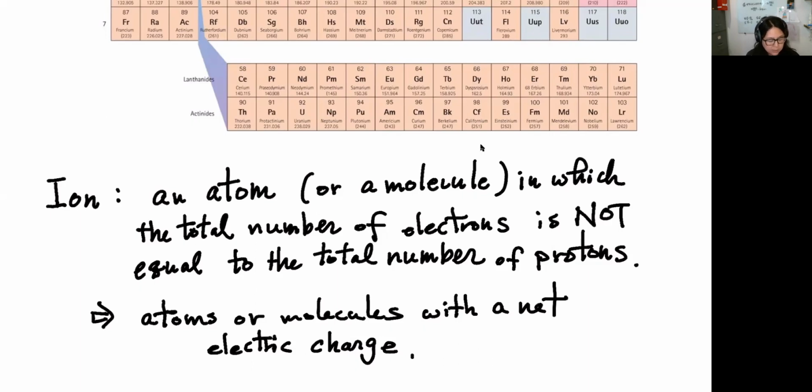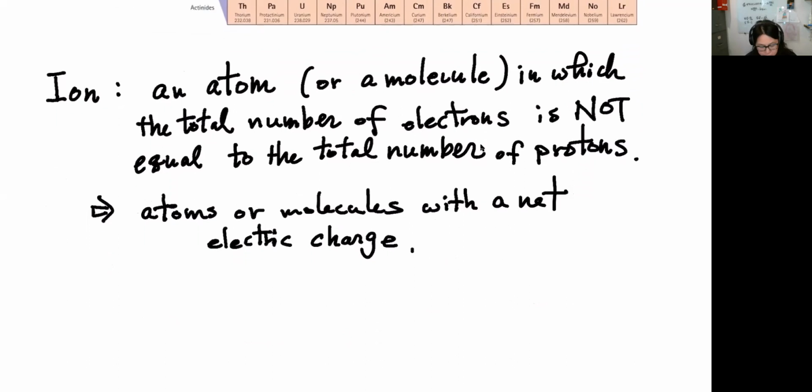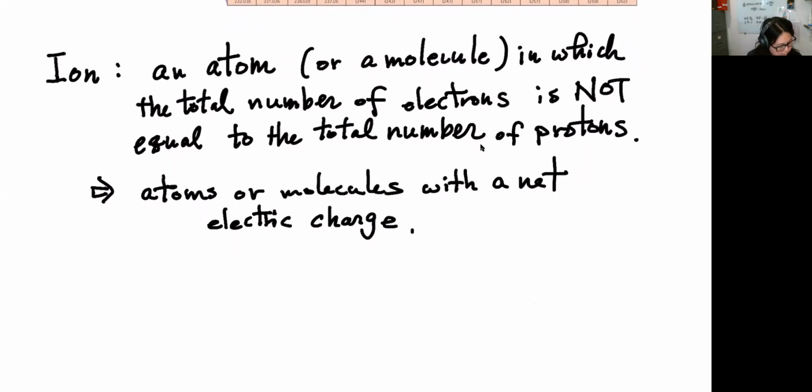An ion has more or fewer electrons compared to the number of protons in the nucleus. So again, it is the electron that's doing the job. It depends on the situation.